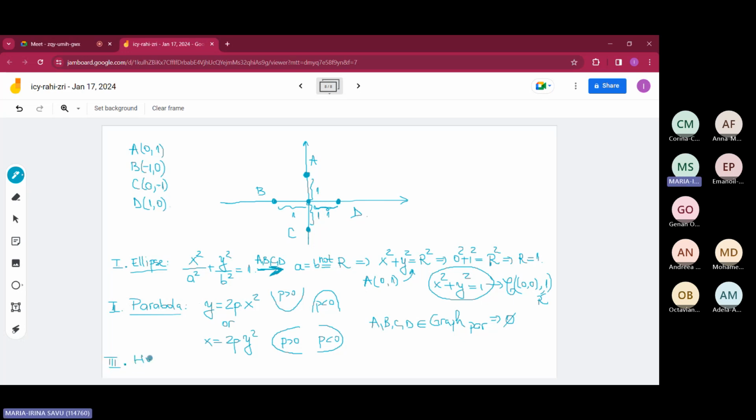And if you have a hyperbola, the equation of the hyperbola is x squared over a squared minus y squared over b squared equals 1, or inversely, minus x squared over a squared plus y squared over b squared equals 1.